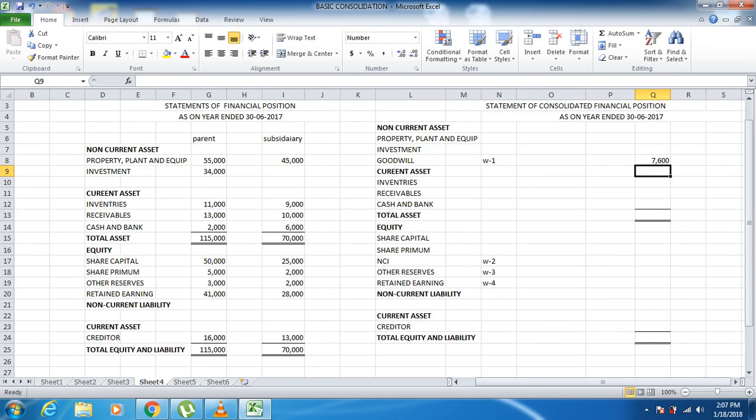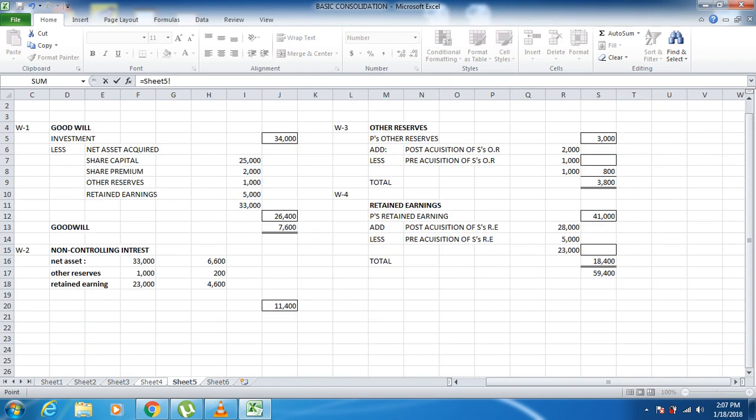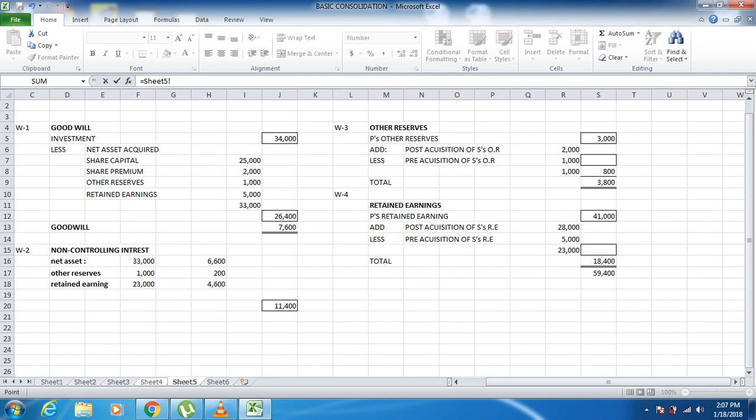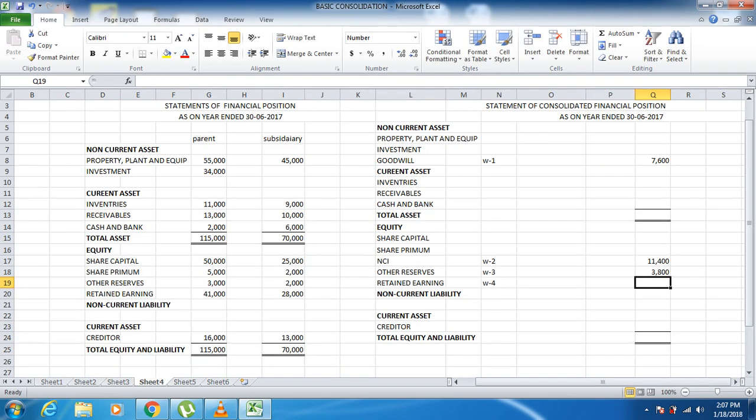And the non-controlling interest is 11,400. Other reserves of the group, $3,800, and the retained earning, $59,400.